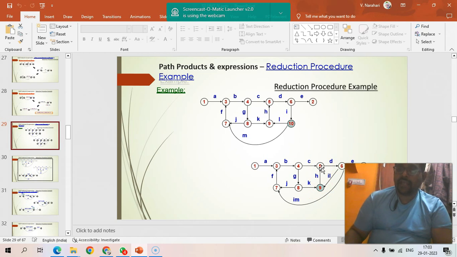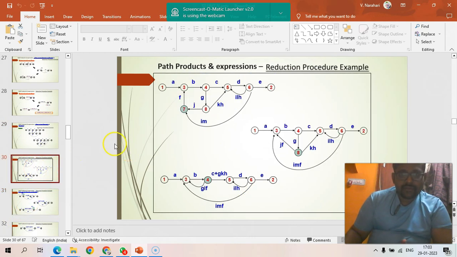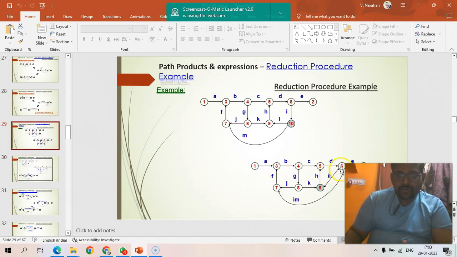It's a serial link. Right now only the serial link is allowed here. So that will give, see, 6 to 9 is ILH, and 8 to 5 is KH.